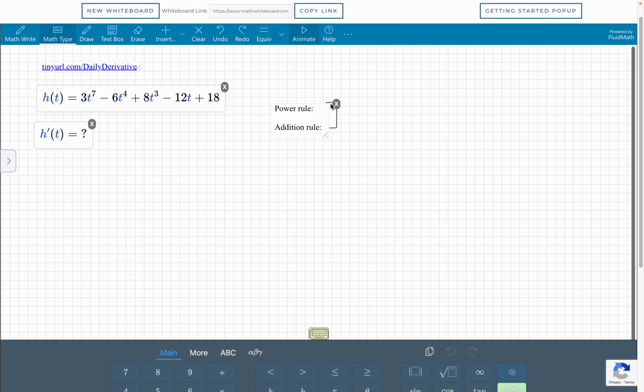The power rule for differentiation is: the derivative of x to any power is equal to that same power times x to the previous power.